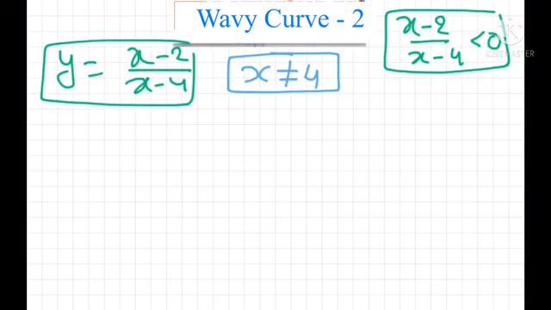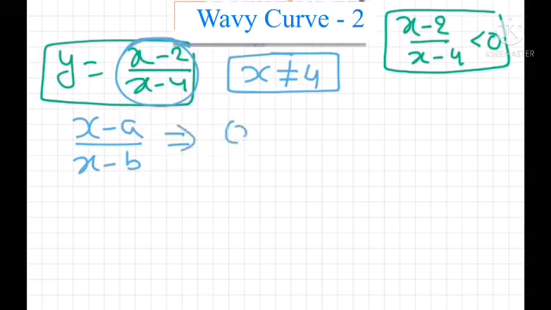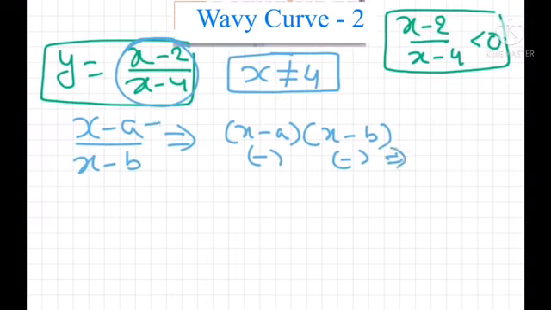Now you need to plot the sign scheme of this particular function. So remember one thing, the sign scheme of (x minus a) by (x minus b) is the same as the sign scheme of (x minus a) into (x minus b). The logic behind this is that since negative into negative is positive, similarly negative by negative is positive. Positive into negative is negative, so positive by negative is negative. Positive into positive is positive, so positive by positive is positive.